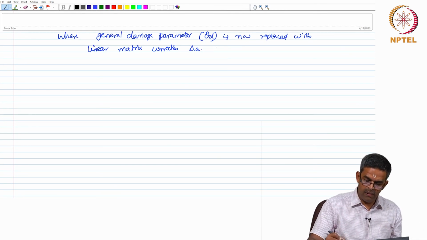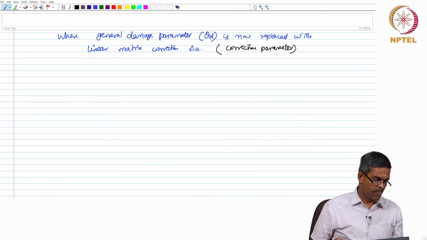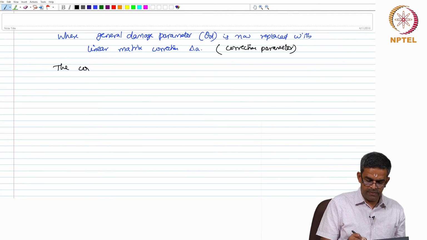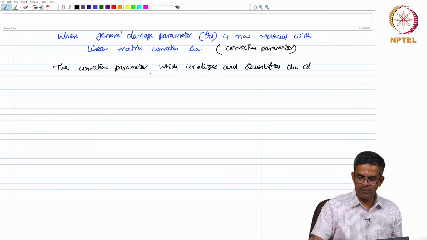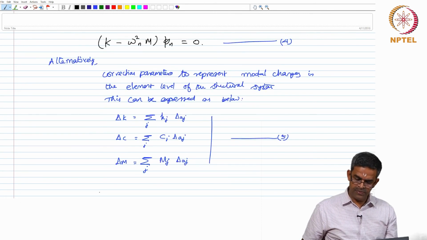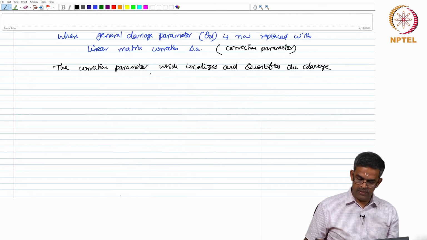So, delta A is called the correction parameter. Now, the correction parameter which localizes and quantifies the damage, because you can see from equation delta Aj is the parameter which quantifies the damage on mass, damping and stiffness. Okay.